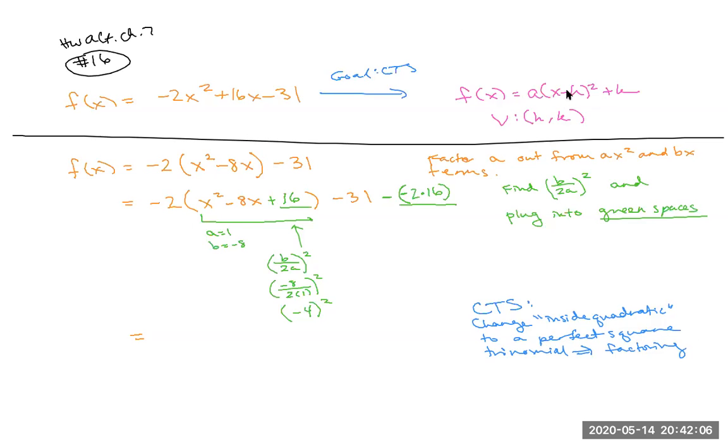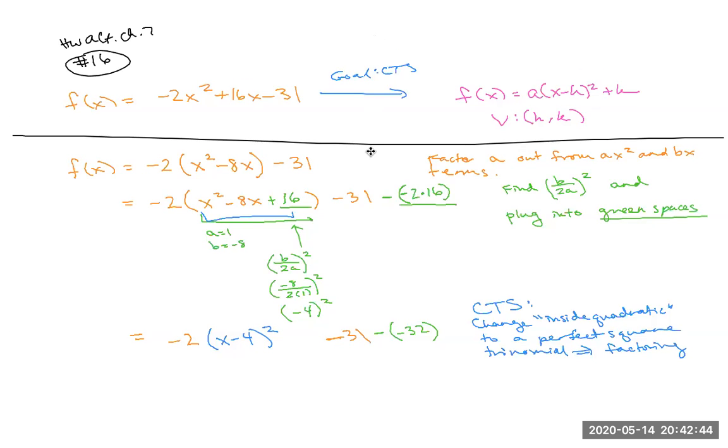So the parts that don't change, -2, the -31, and then from this portion here, we're subtracting a -32. Now this portion turns into x minus 4, the quantity squared.